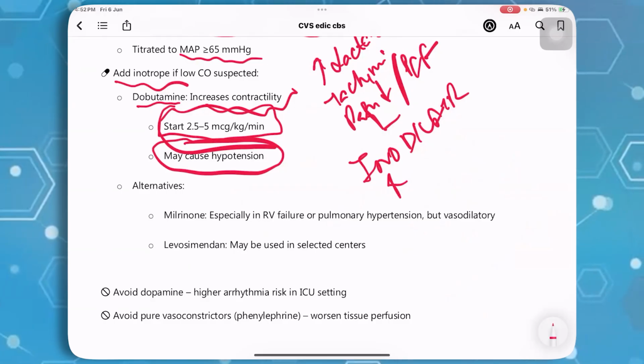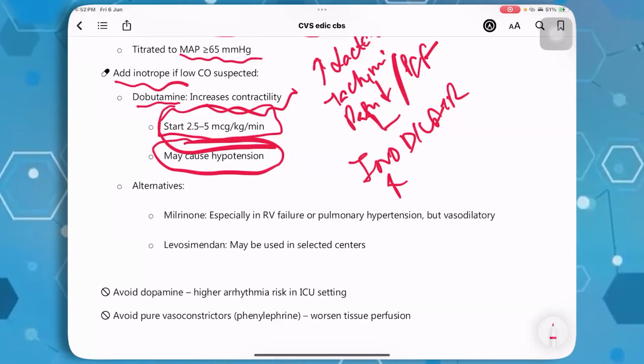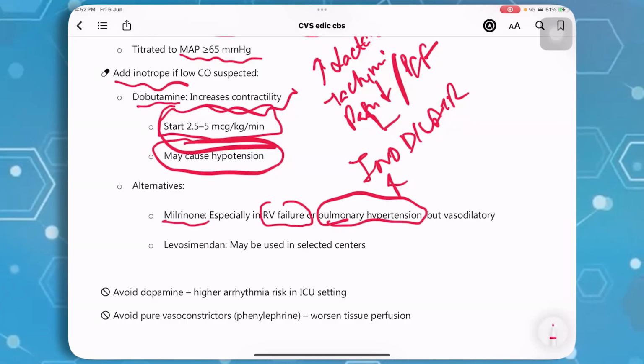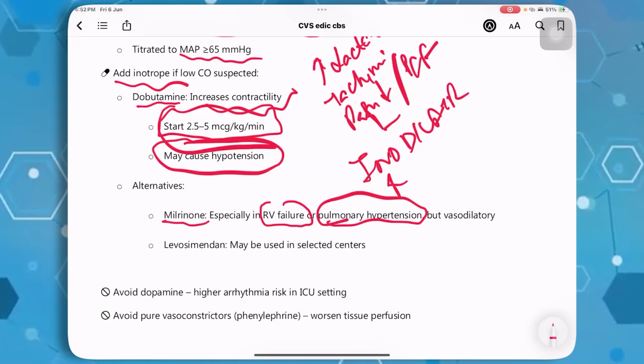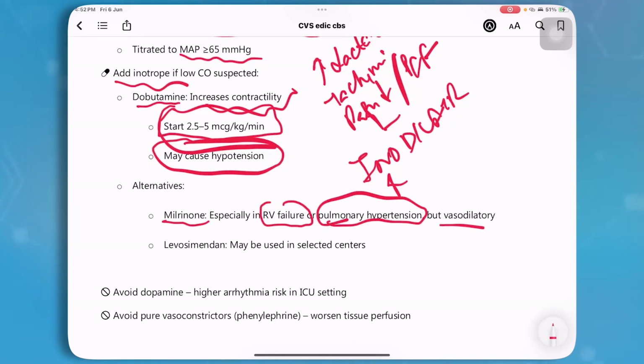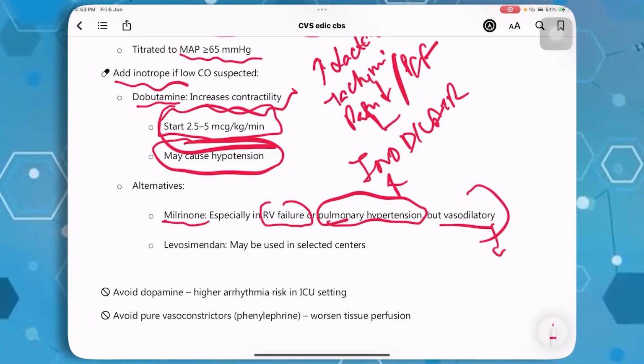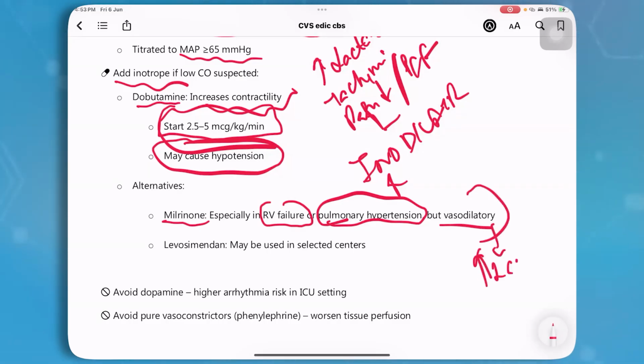Other alternatives to dobutamine are milrinone, especially in right ventricular failure or presence of pulmonary hypertension, because it is an excellent pulmonary vasodilator. Due to its vasodilatory actions, milrinone is notorious also to cause some amount of hyperlactatemia. So lactates rise on milrinone.